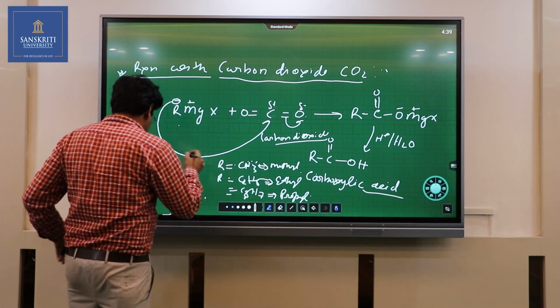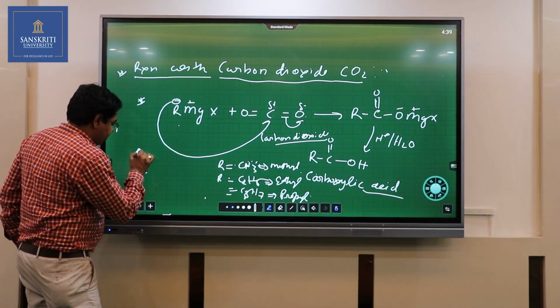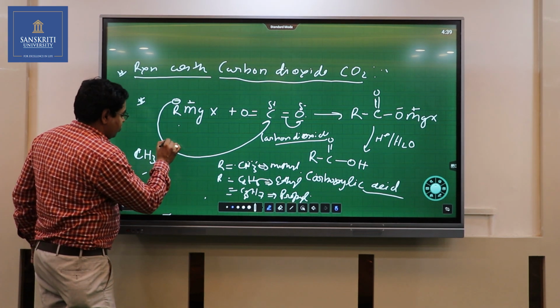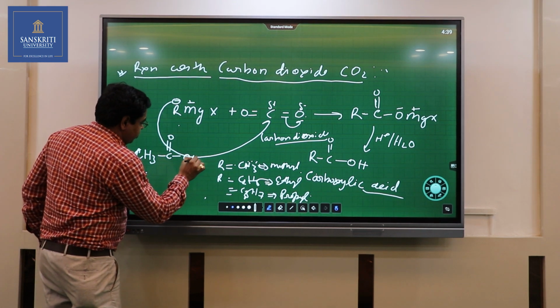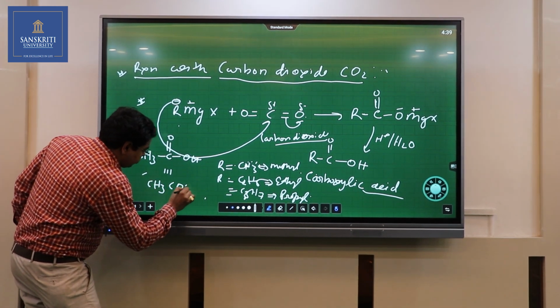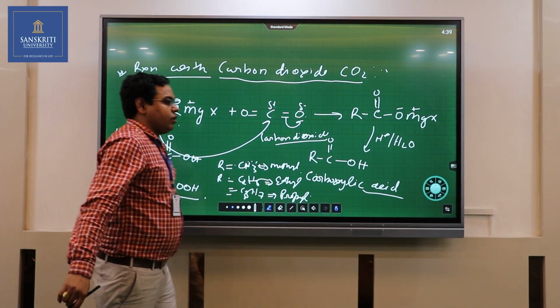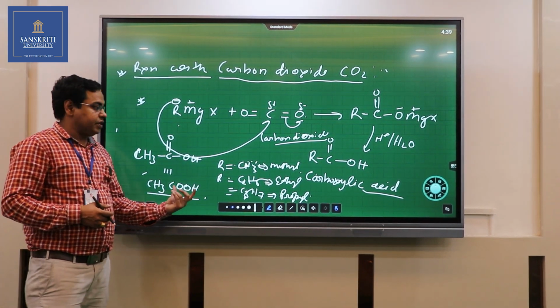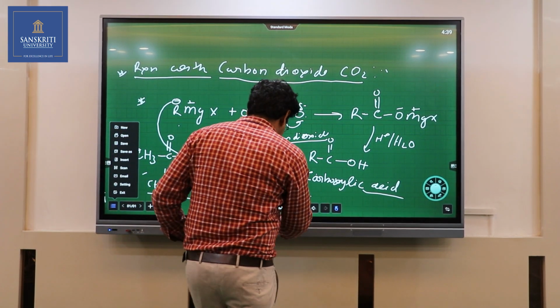If we see this example, CH3COOH, finally we get the methyl carboxylic acid.